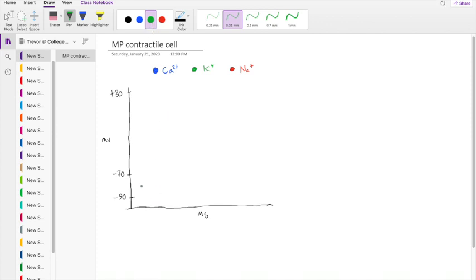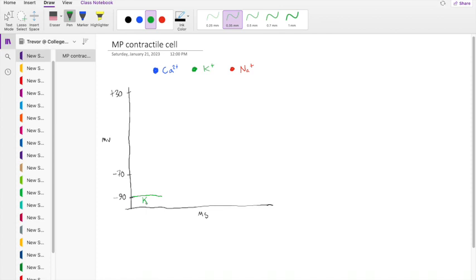And we're actually not going to start at the first step here. It makes a little more sense just to start at the fourth so we see what's going on. So here we are. We're down at negative 90 when we are polarized. And this is going to be our resting membrane potential here, around negative 90. It's going to be a little more negative than we're used to seeing in things like neurons, for example, because these potassium channels here are leaky.